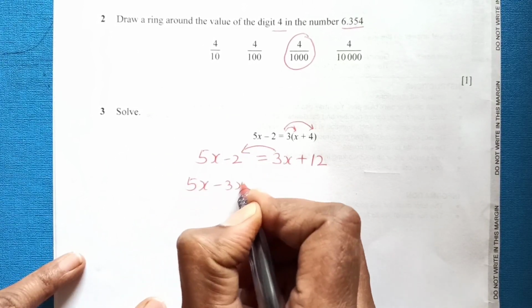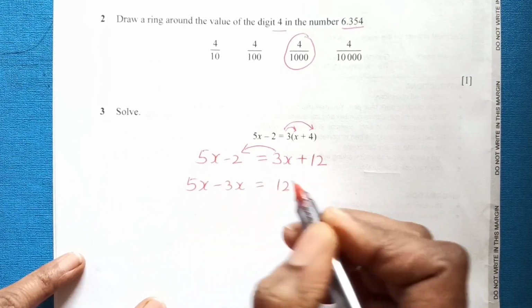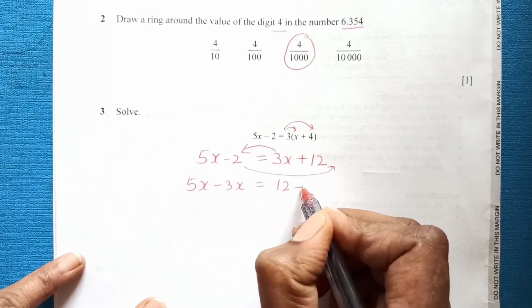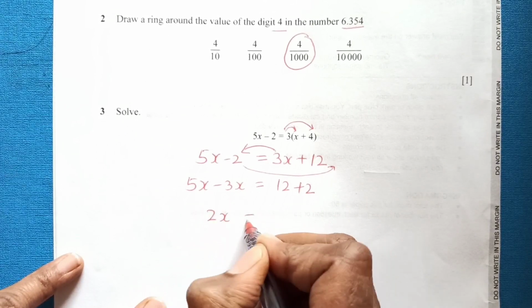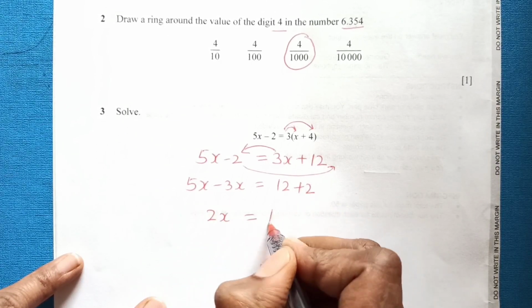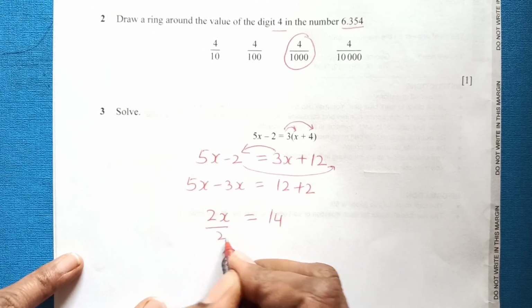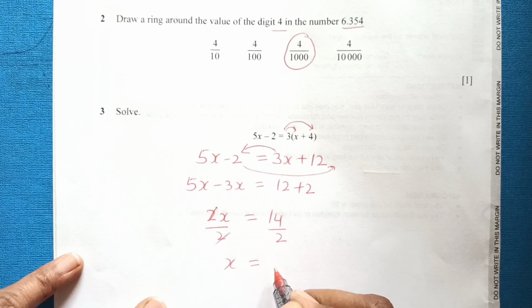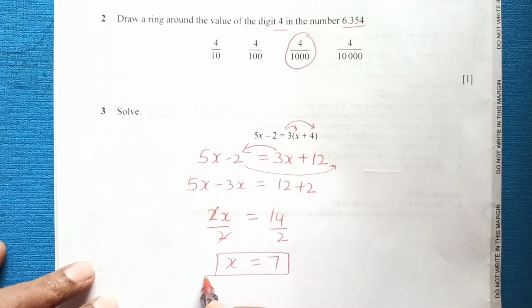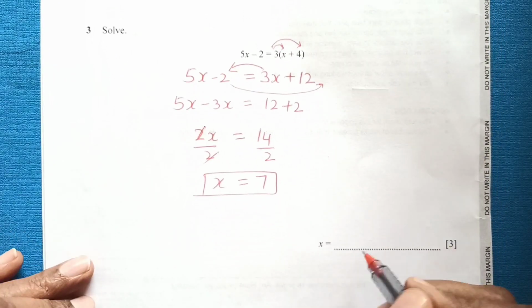So 5x minus 3x equals 12 and shift 2 to the other side, so it will become positive. So 5 minus 3 is 2x, 12 plus 2 is 14. So divide by 2 both sides. This is gone. So you are left with 14 divided by 2, which is 7. So our final answer is 7.